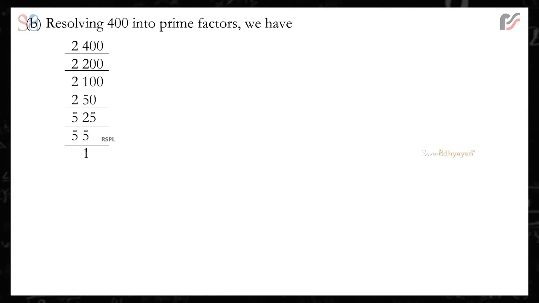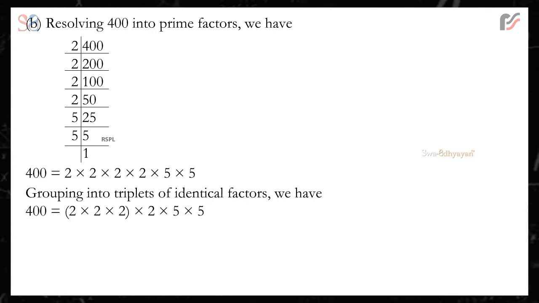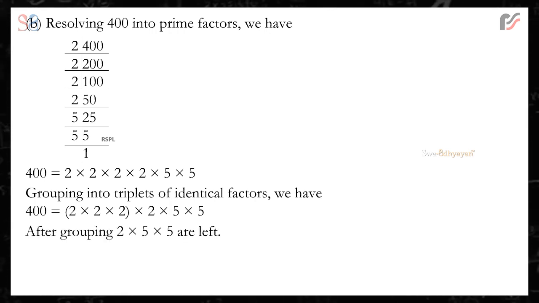On dividing 5 by 5, we get 1. 400 is equal to 2 into 2 into 2 into 2 into 5 into 5. Grouping into triplets of identical factors, after grouping, 2 into 5 into 5 are left. Hence, 400 is not a perfect cube.